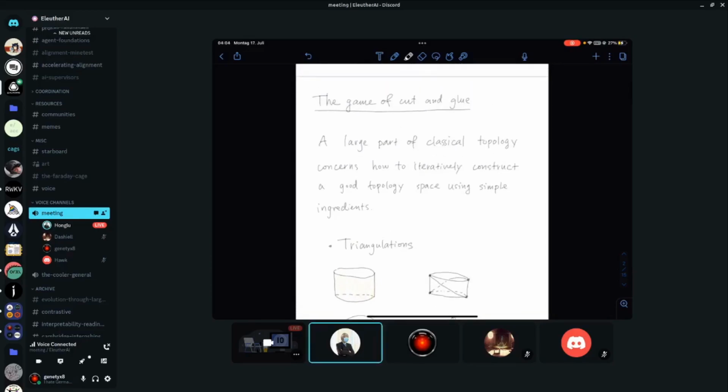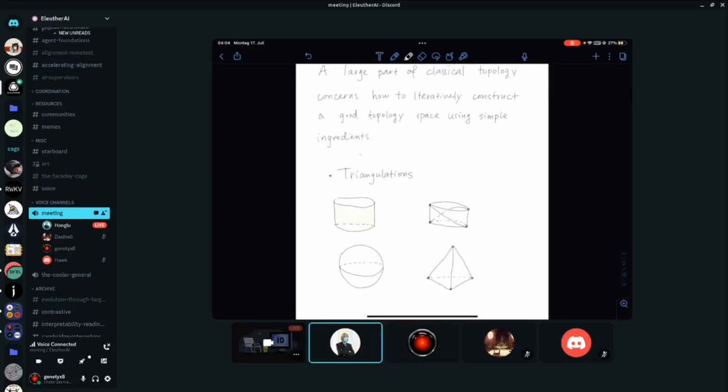By this, I mean the triangulation idea. In very early times, if you're given a space, people tried to divide it into triangles and then conclude something. The idea is to divide a space up into triangles.